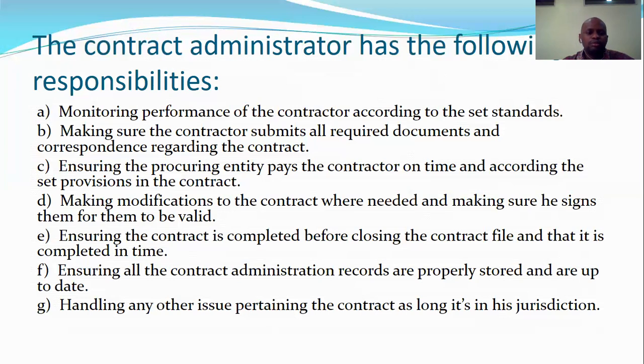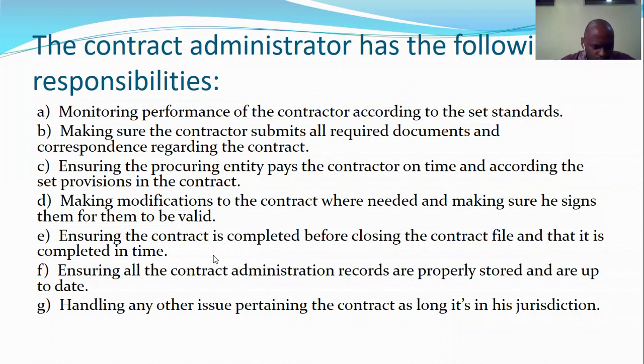It also helps in making modifications to the contract where needed, and they also ensure our contract is completed in time before the closing of the contract file. They also ensure all the contract administration records are properly stored and up to date, and help in handling any issues pertaining to the contract as long as they are in his power.